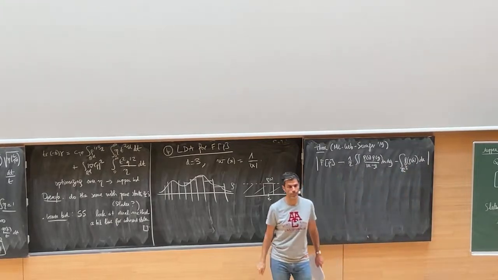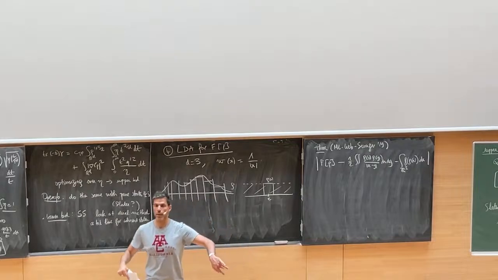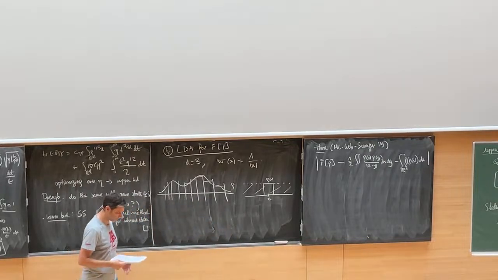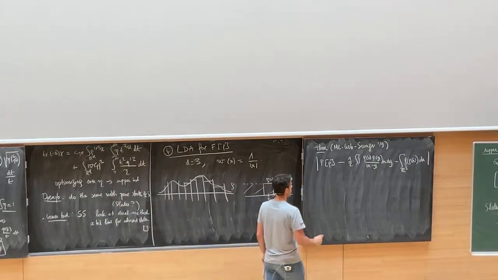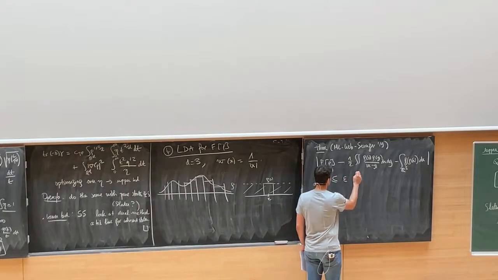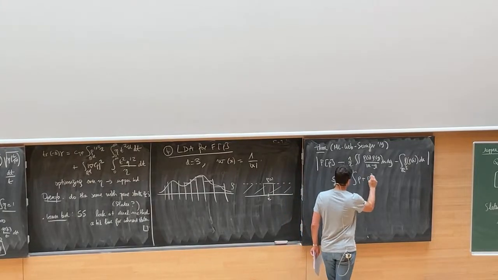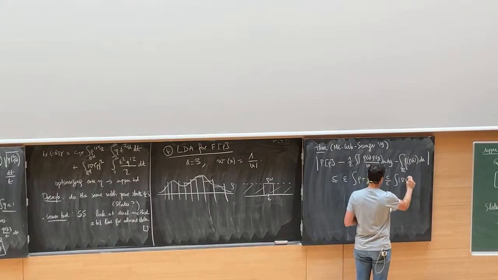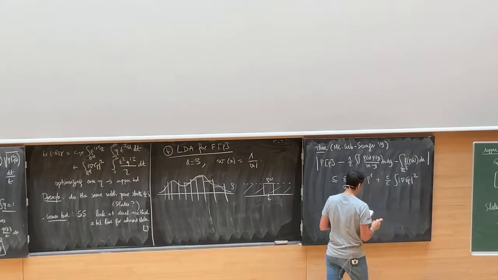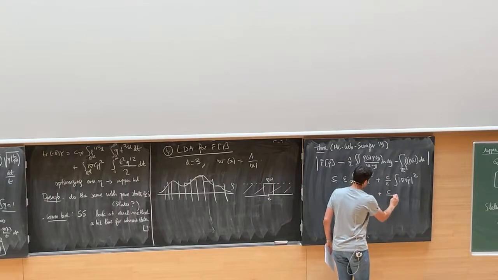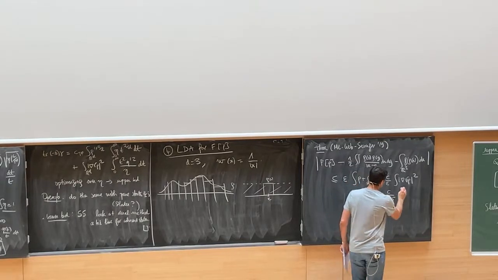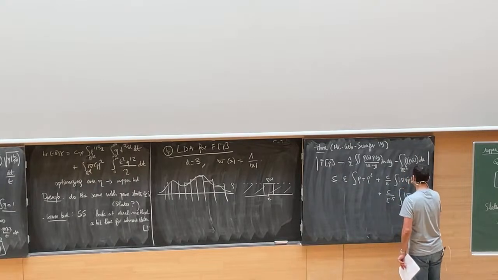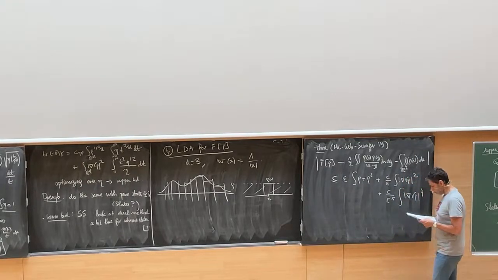And the theorem says there exists an f, the way that f is defined comes from the inequality, such that you have this bound, and this is less than epsilon times the integral of rho to the 4/3 plus C over epsilon times the integral of rho to the 5/3... and then we have the worse, crazy order estimate, square root of the integral of rho to the 4/3.